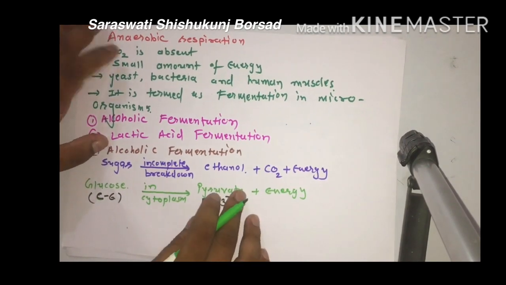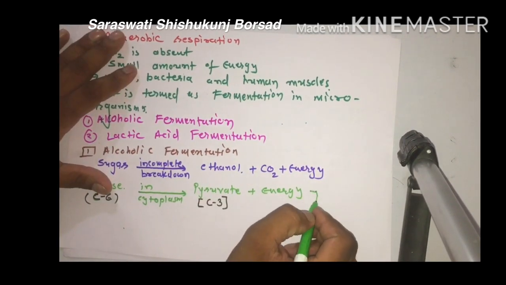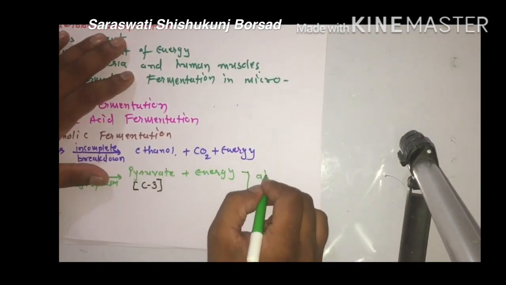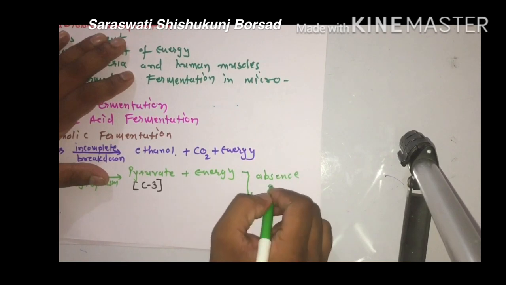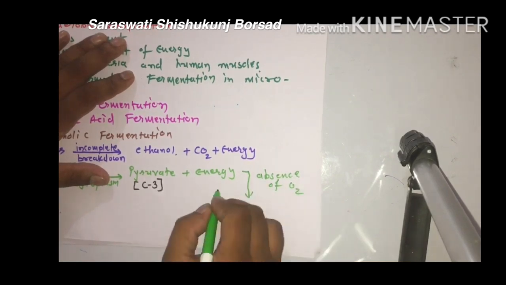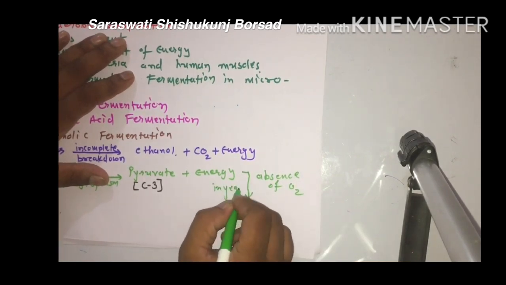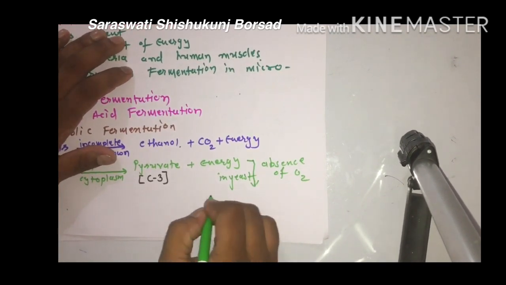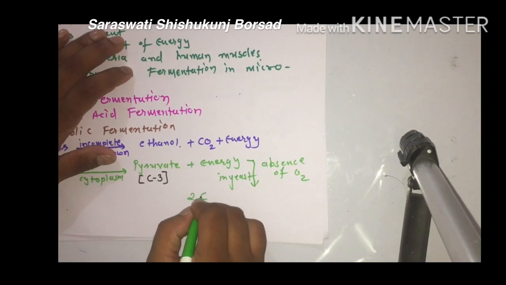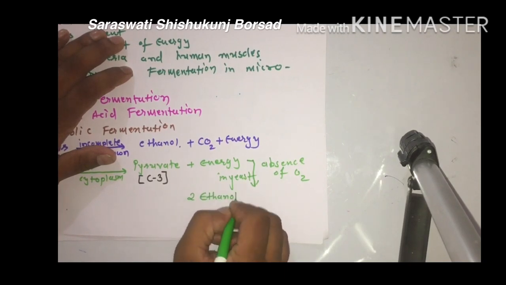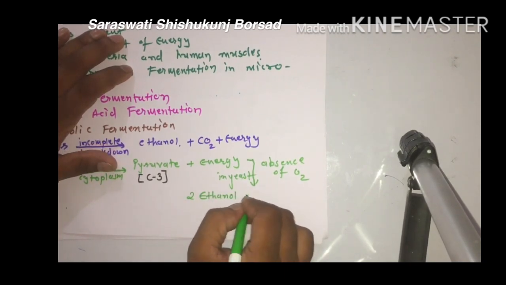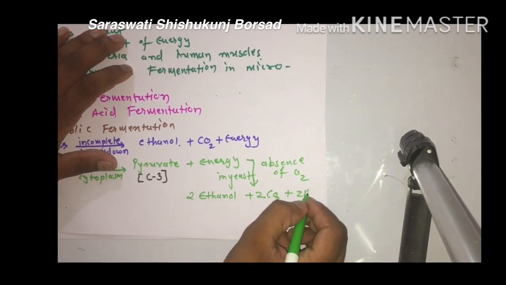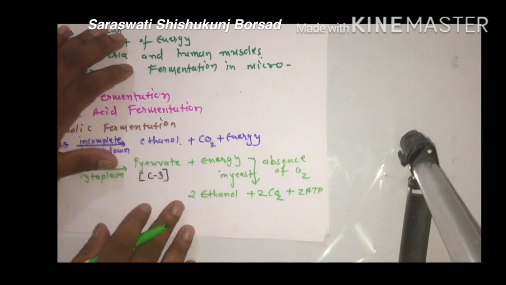Here it is going to be done in the absence of oxygen. So in the absence of O2, in yeast, it will give us 2 ethanol plus 2 carbon dioxide plus 2 ATP.